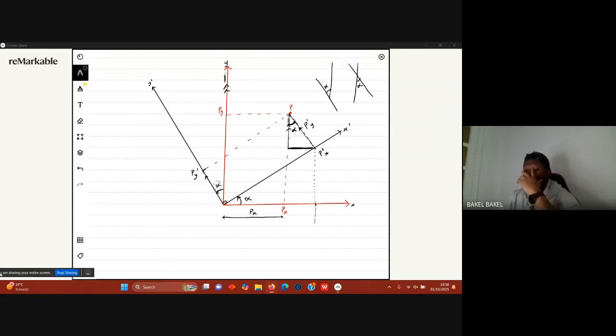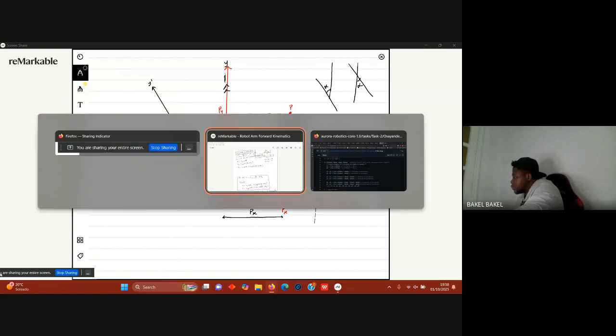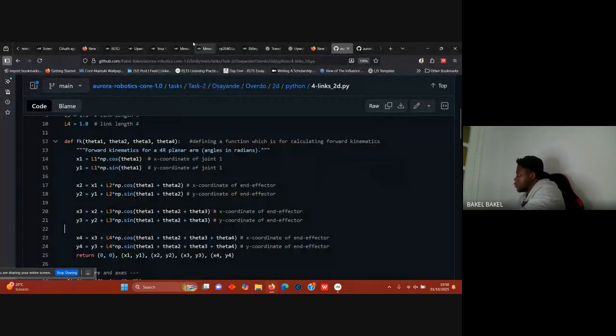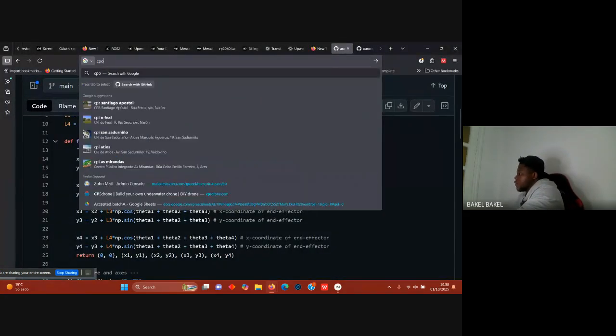Corresponding angles. Yeah, I think that's corresponding angles. That's what I previously explained. I know it's not alternate. It could be corresponding. Let's see, just a quick check, in case you want references.